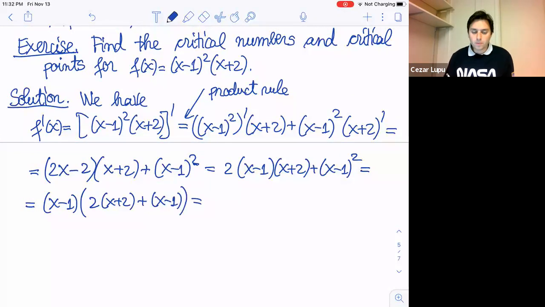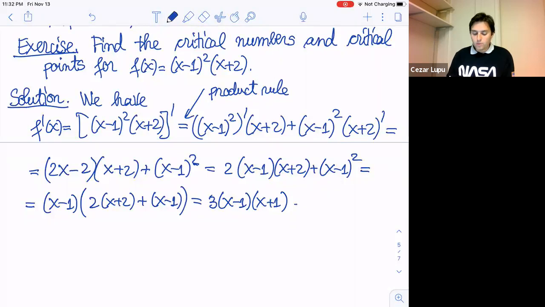Or if you want, this will be nothing else than just 3x, so this would be, yes, 3x plus 3. So in the end, this will give us 3 times x minus 1 times x plus 1. So this is the derivative of f. As you can see, it is defined for all real values of x, right?